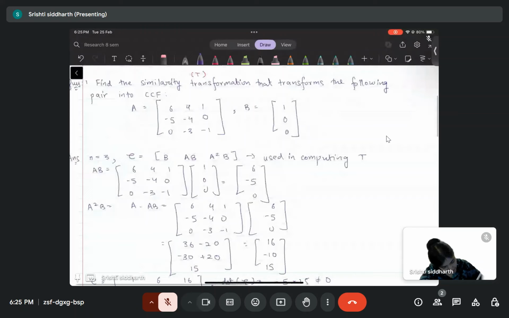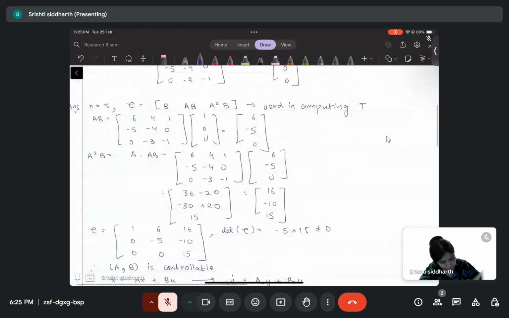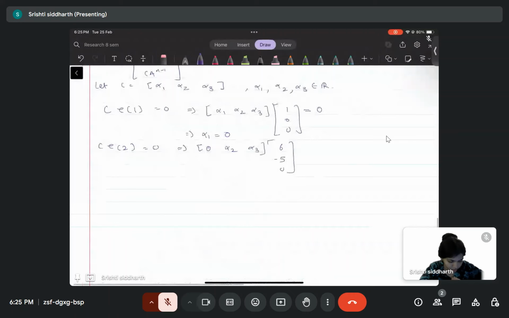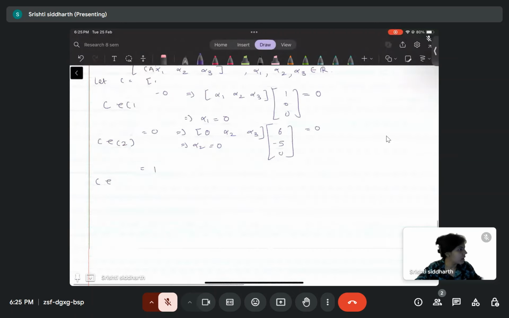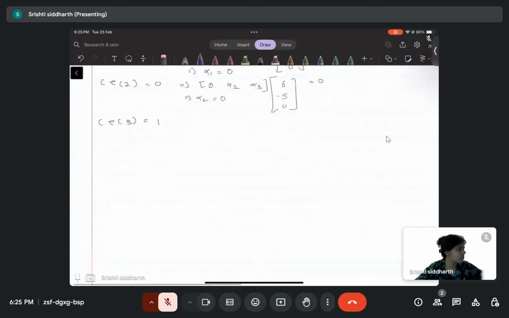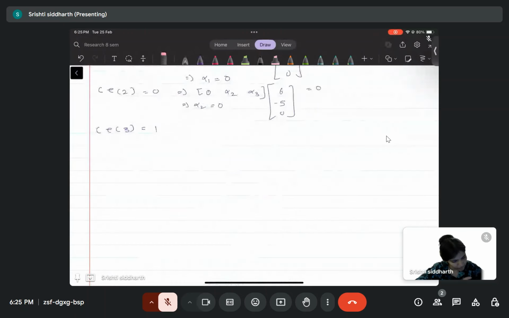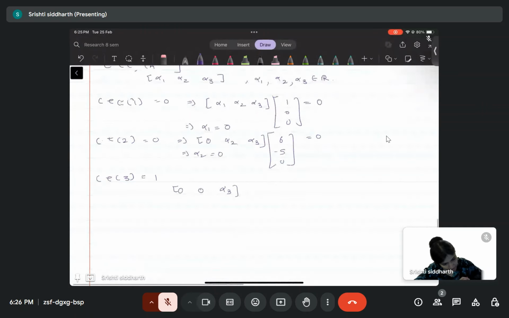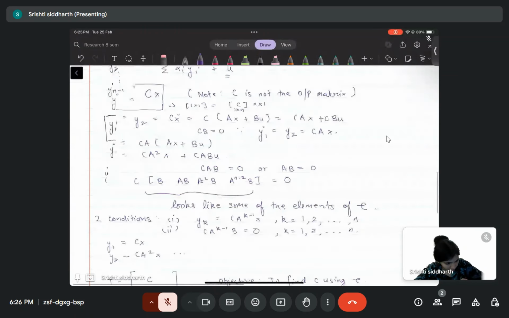Now, since n is 3, we have that C applied to the third column of the controllability matrix should be a non-zero constant. Let's pick it to be 1. So again, let's put these values 0, 0, alpha 3 applied to minus 16, minus 10, 15.